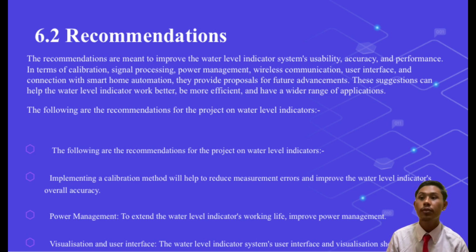In terms of calibration, signal processing, power management, wireless communication, user interface, and connection with smart home automation, they provide proposals for future advancement. This suggestion can help the water level indicator work better, be more efficient, and have a wider range of applications. The following are the recommendations for the project on water level indicators.